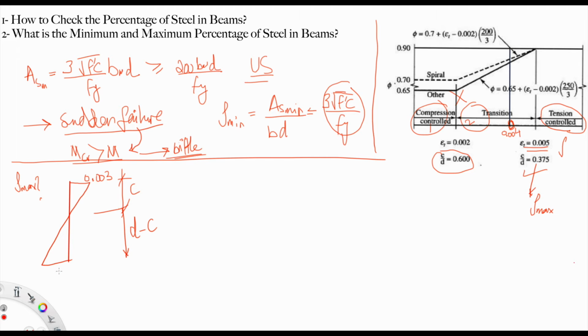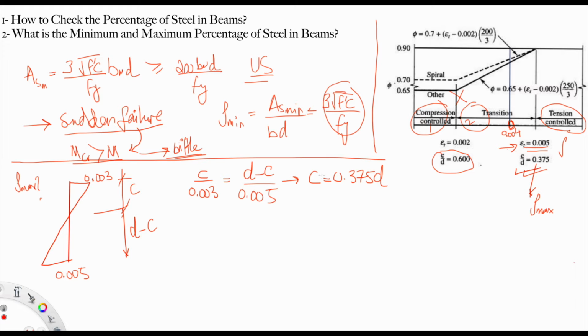The strain in steel reaches 0.005. If we do similar triangles, basic math, c over 0.003 equals d minus c over 0.005. By this, you will get c equals 0.375d, or c over d is 0.375, which is this one.